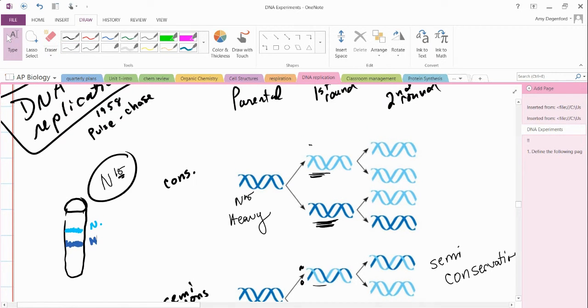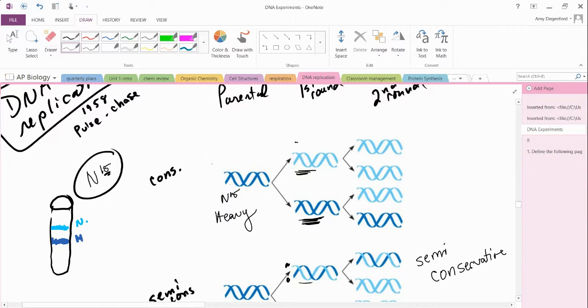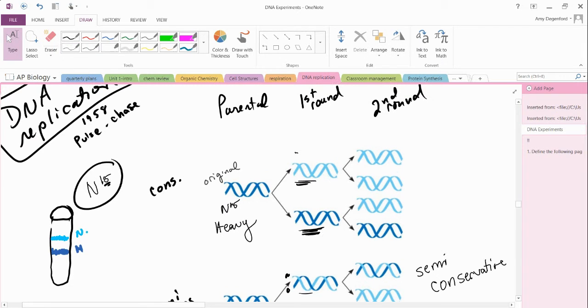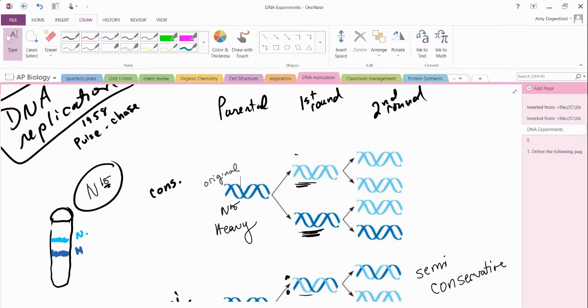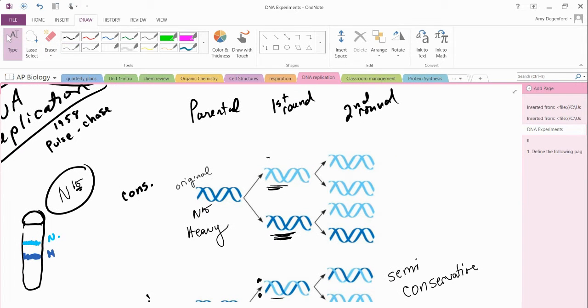In a conservative model of replication, if you had an original DNA strand, or we call it parental, and we grew it using N15 so it's heavier, what will happen if we take this heavy DNA in a bacteria and then transfer it to a culture of regular nitrogen? Imagine you're building a house using a dark brick, and suddenly you switch bricks on the construction builders.